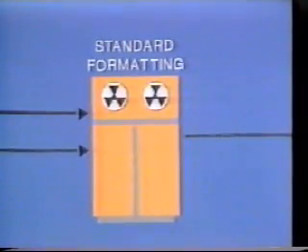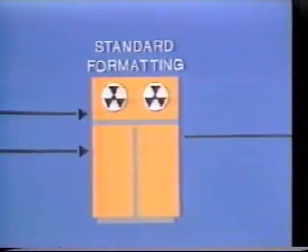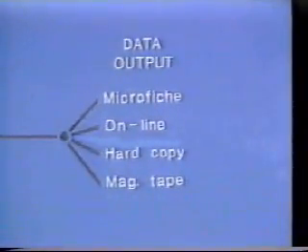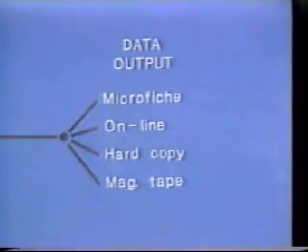This is the one real advantage that the end user sees, is they don't have to deal with the 19 different states in separate formats. All the data will be collected and assimilated into one common format. Then from that point, after the data is into our master files, we generate information in microfiche, which we will show you, online computer services, hard copy, and in fact people can purchase the entire magnetic tape system.